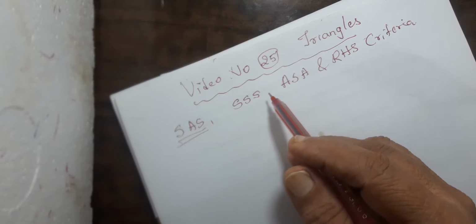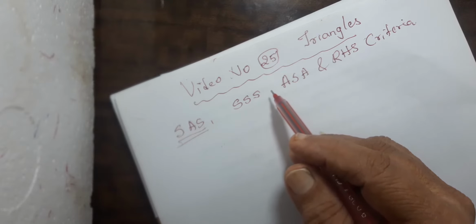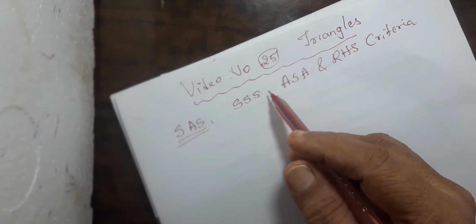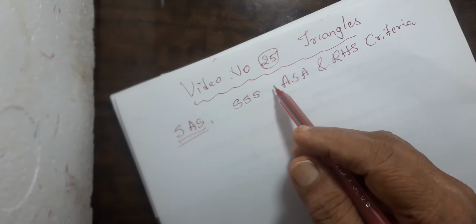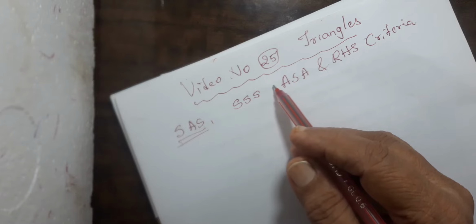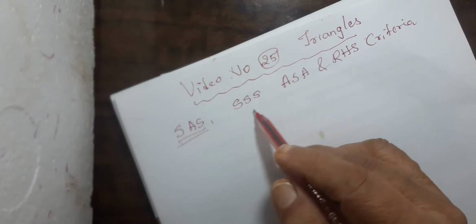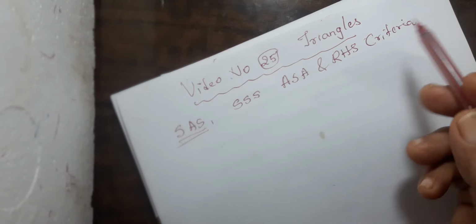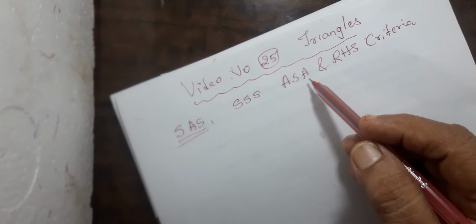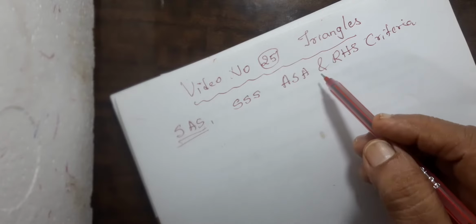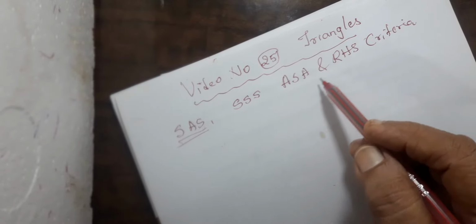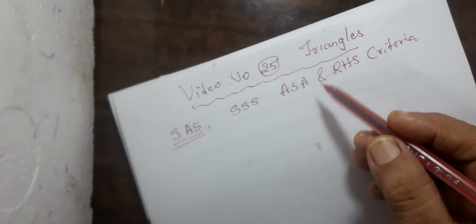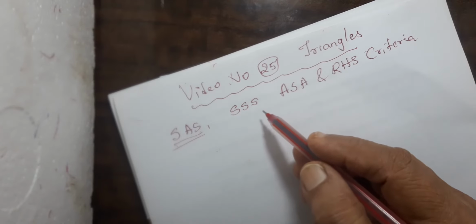In that case, the two triangles will be similar. So proportion will come here. The corresponding sides must be in the same proportion. That means they must be equal. An angle between those proportional sides should be equal to the included angle of the other figure. So this is SAS.